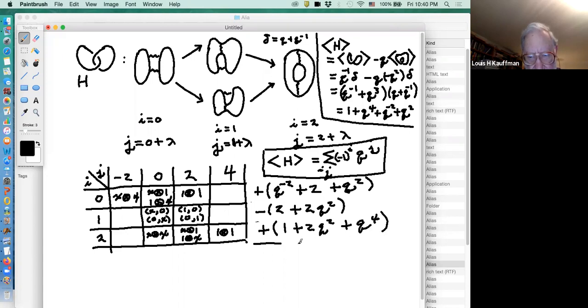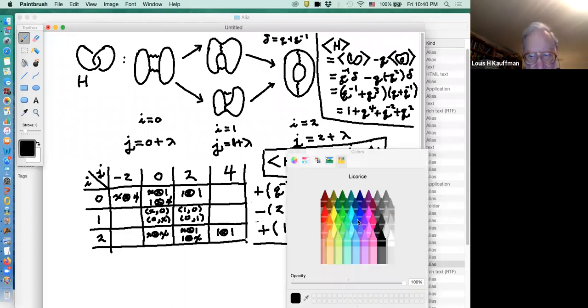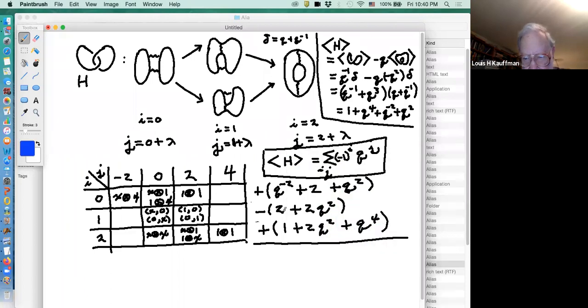And if you add all this up, let's see what happens. Let me use a color so I can cancel with the color. I have a 2Q squared and a minus 2Q squared, so these will cancel.